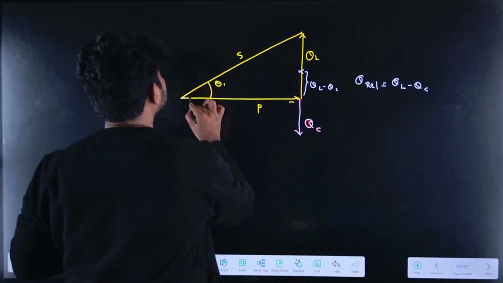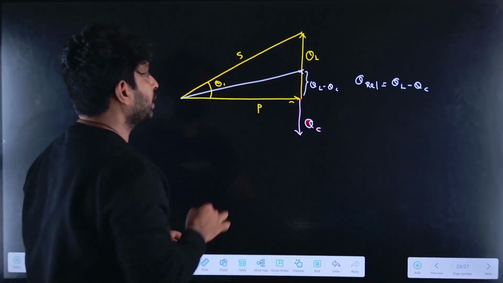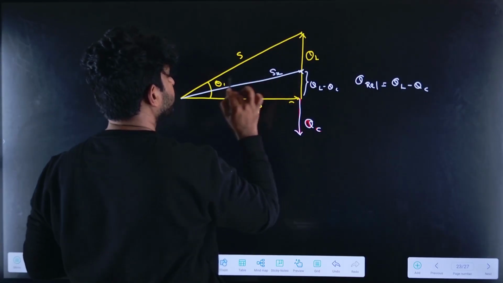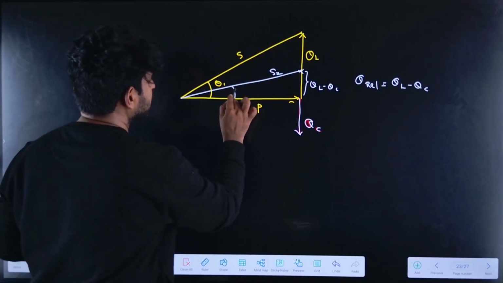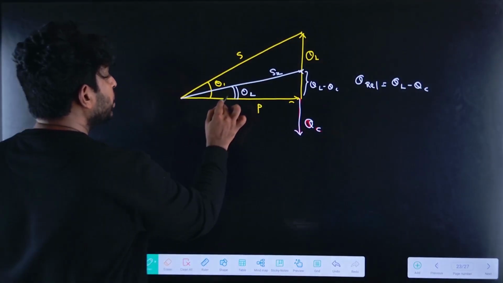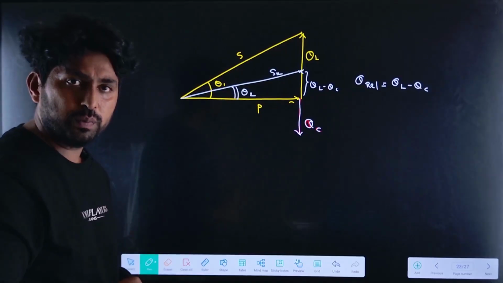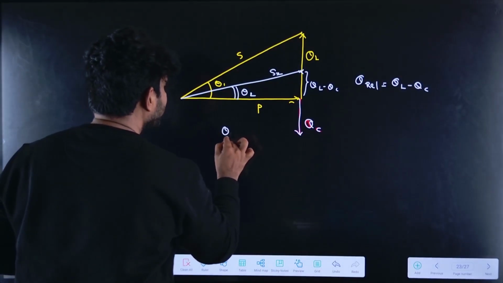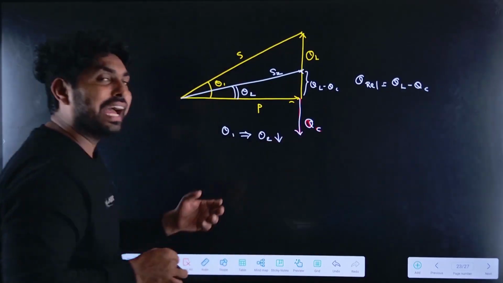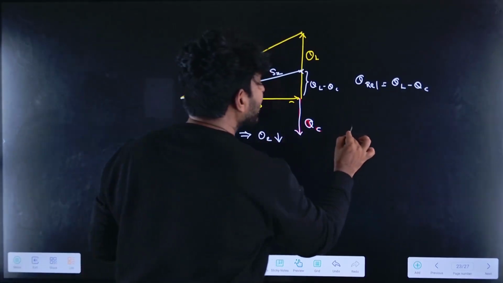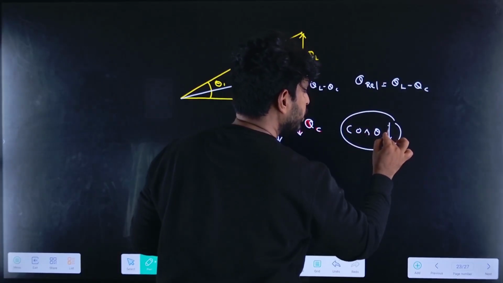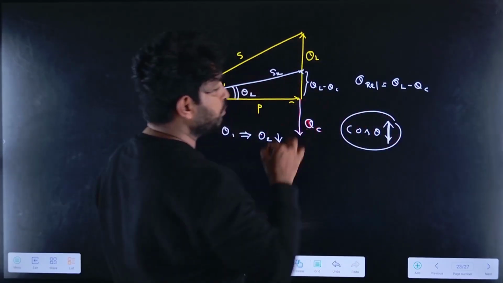Now if I draw the resultant for the same active power, let it be S2. The theta 2 angle will be like this. So the angle has reduced from theta 1 to theta 2. The power factor angle has reduced, so cos theta improves.